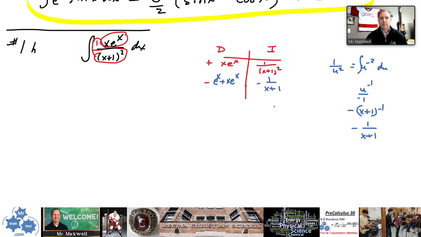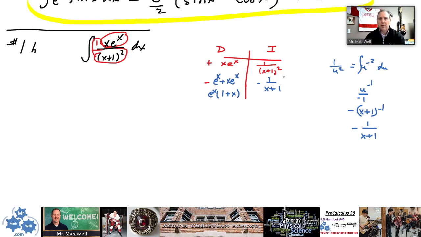Okay. So it's not as obvious to see what you should do here. Could you keep going? You probably could, but this first derivative right over here, if you take an e to the x out, what do you get? You get 1 plus x, right?